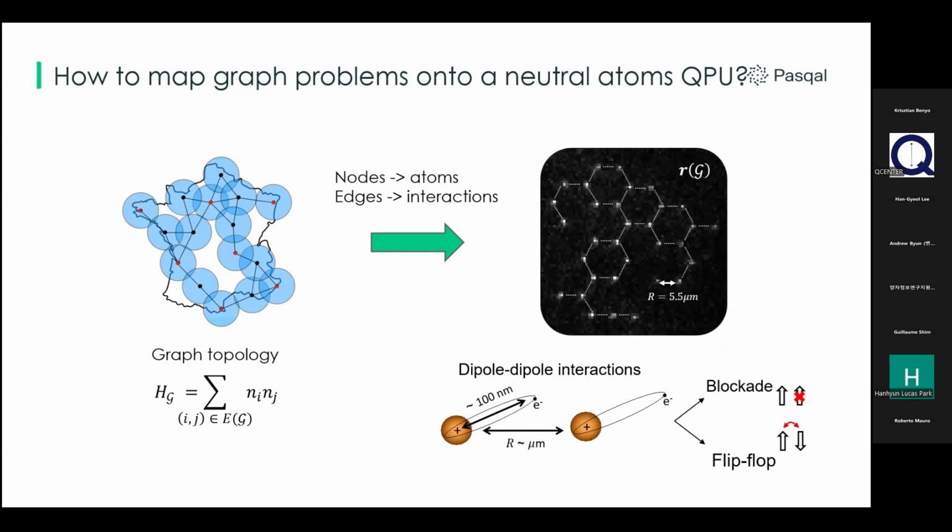Since for a neutral atom system, entanglement is inherently related to the physical connection between atoms. So you can only entangle atoms or the energy states of atoms if they are within the Rydberg blockade radius.